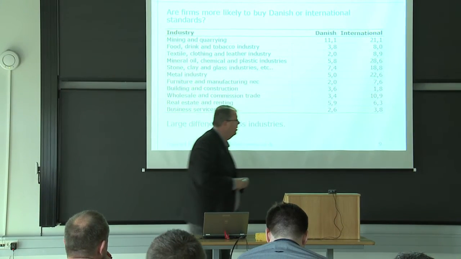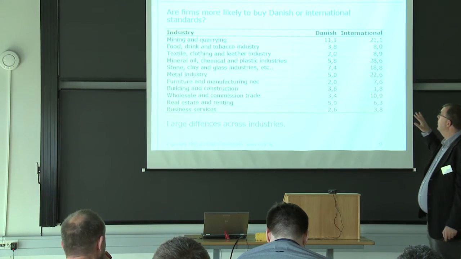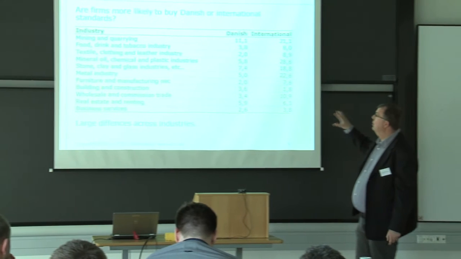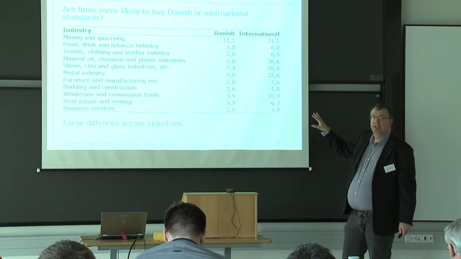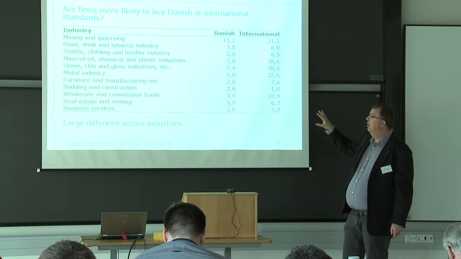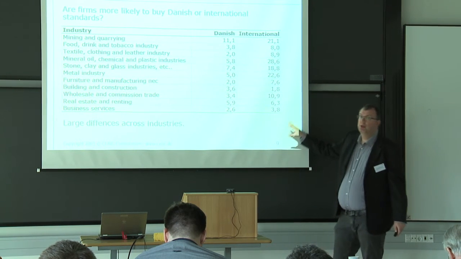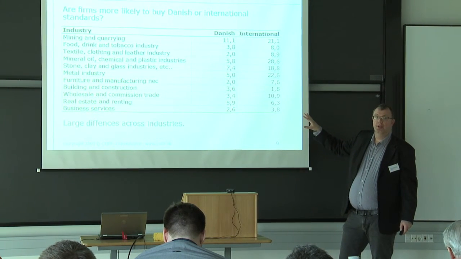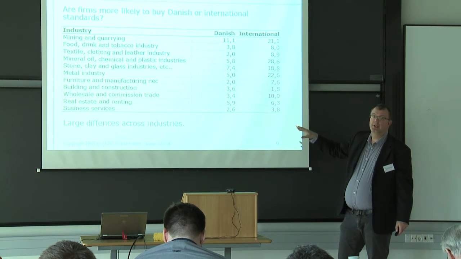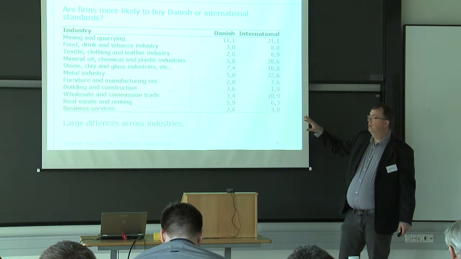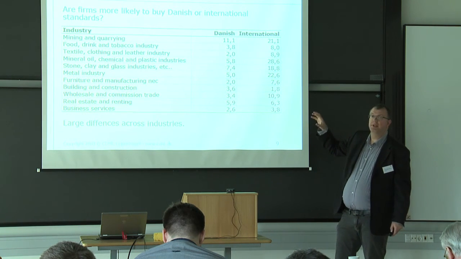Okay, the final division that I'm going to show you in the descriptive statistics part is that between Danish and international standards. This division is not entirely correct, because we took a name search on the standards, and those that started with ISO and EN, and all of these standard names that come from international institutions, we defined as international.